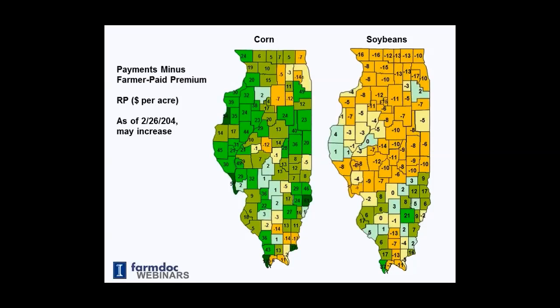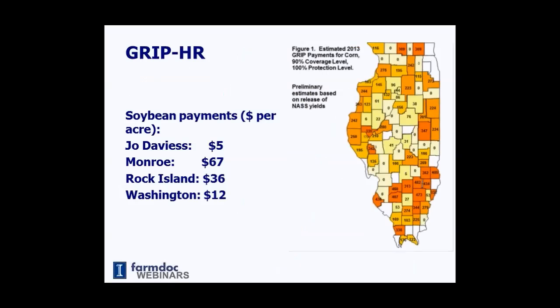Here are just maps that show payments minus premiums. Corn, you'll see a lot more green across the state. Northeast corner had some pretty good yields, and they are the one area where we're looking at payments being less than the premiums for corn. For soybeans, much of the state had lower payments than premiums.